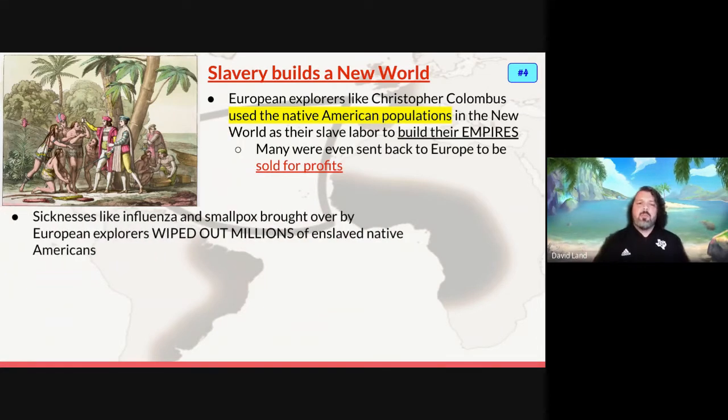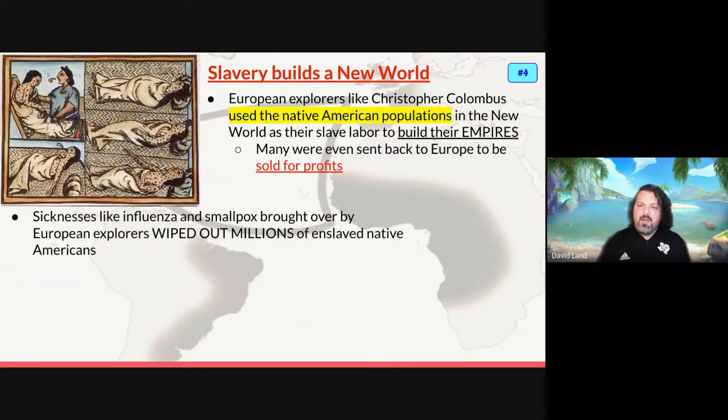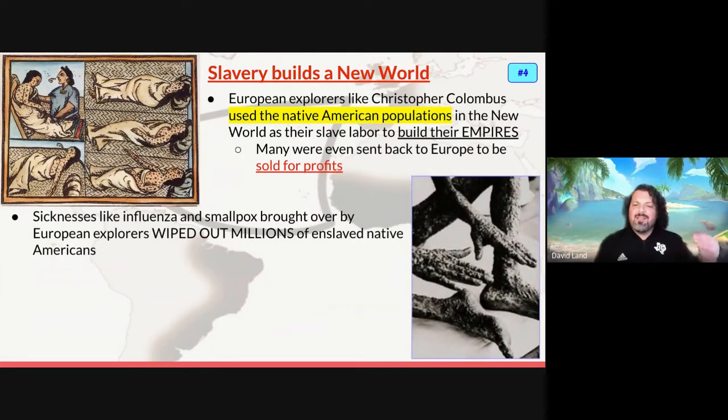These explorers brought with them, unfortunately, an environmental consequence, which was that the sicknesses of the Old World were totally brand new to the New World. So native peoples like the Taino Native Americans that Columbus encountered in the West Indies were not used to sickness.